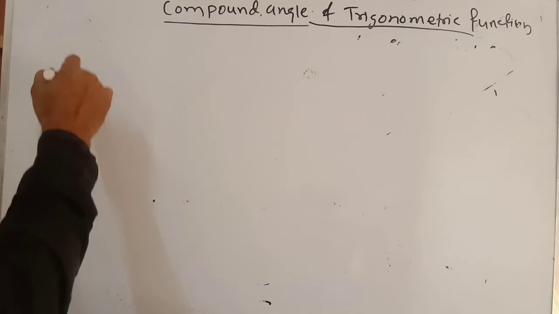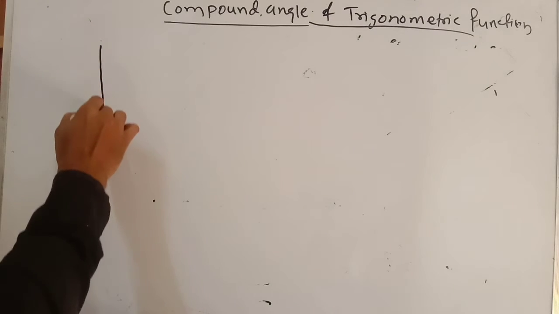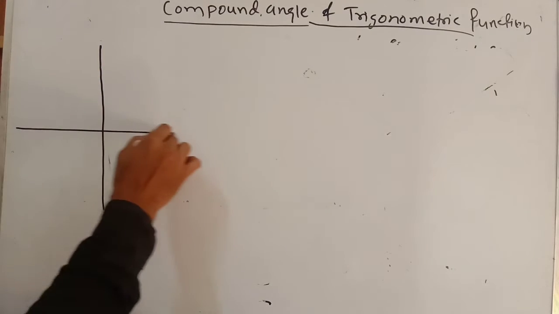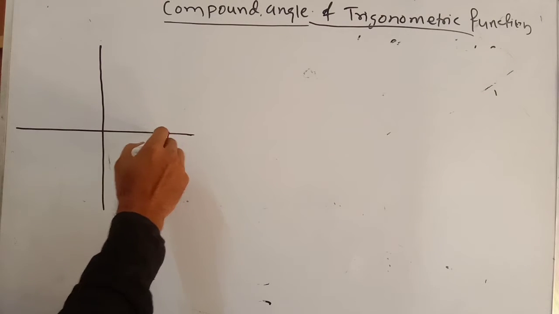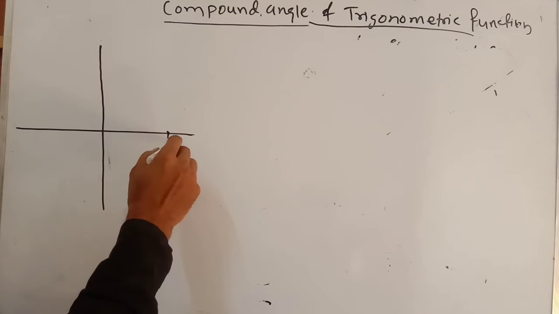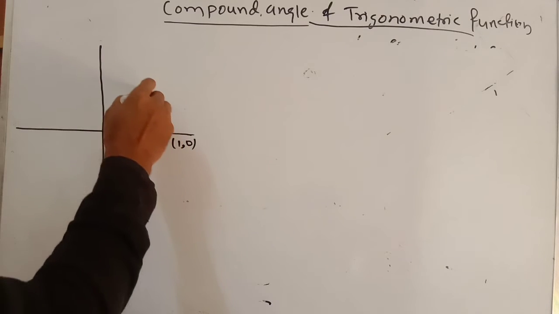So first we consider the x axis and y axis. Okay, and we draw a circle of radius 1 meter. So let me mark 1, 0. Okay, so let's draw a circle.